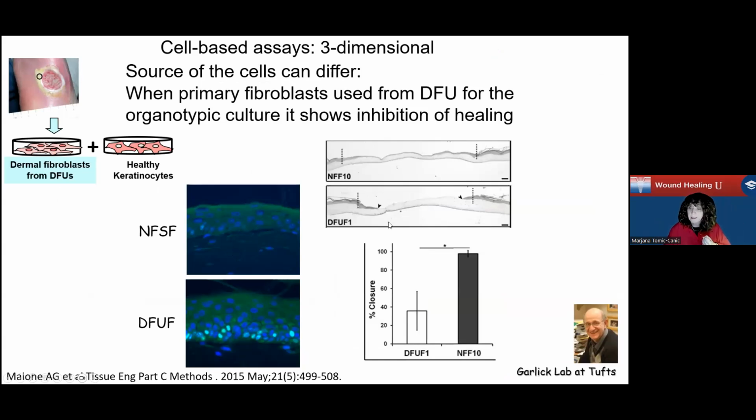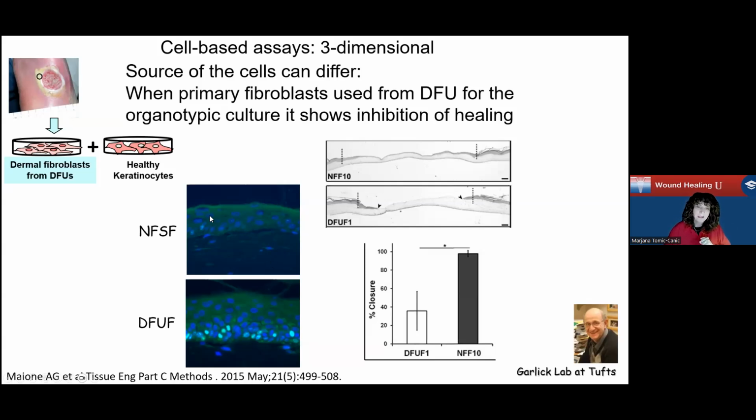And then we wounded that skin and looked at how the wound healing progresses. Interestingly, it's very challenging to generate keratinocytes from chronic wounds. We can generate them, but it's very, very hard to propagate them. And there is a whole science behind it that I don't have time to go into.